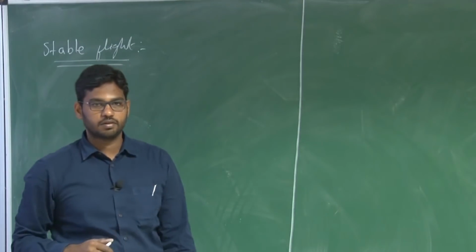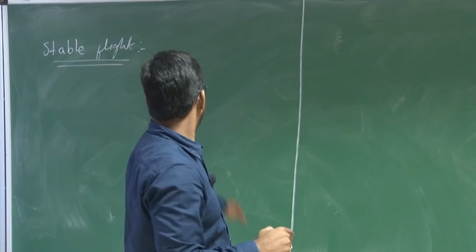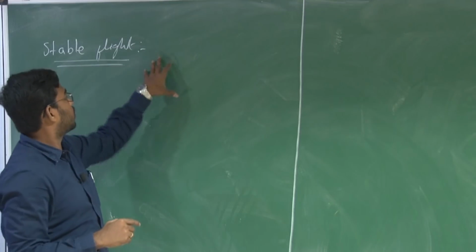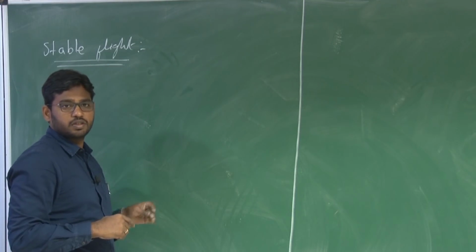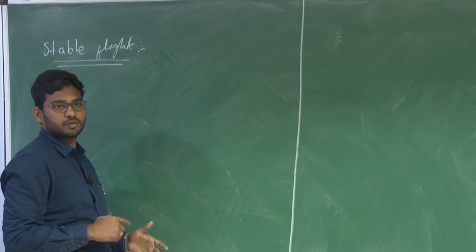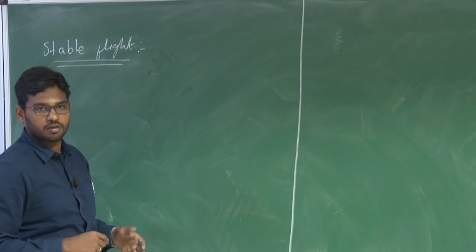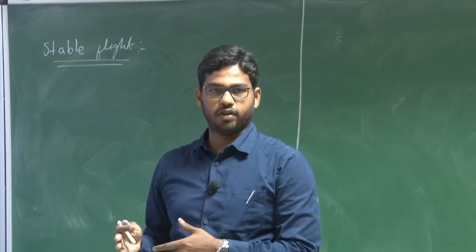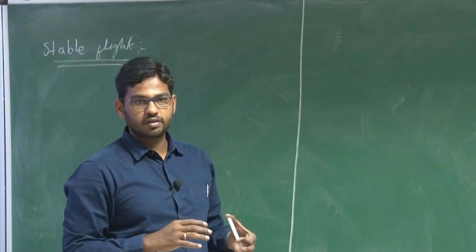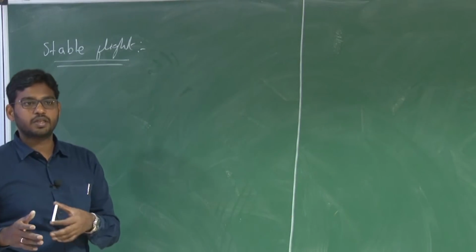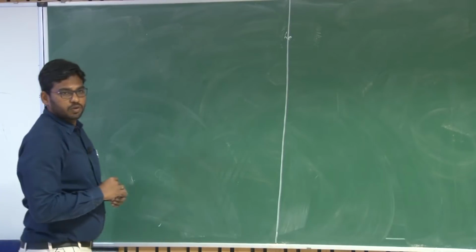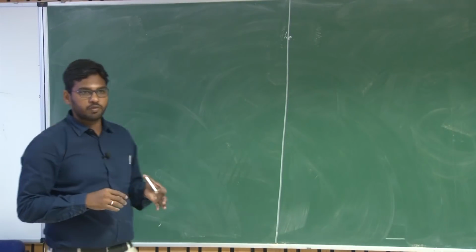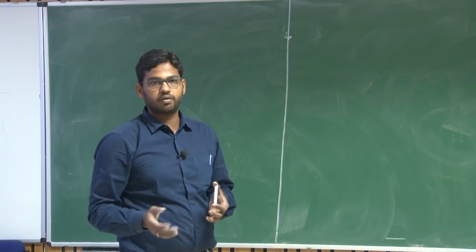What is stability? Stability is a property of a system, or the nature of the system, to come back towards some reference that you consider when it encounters a small disturbance about that reference. This reference in our case, or in general, is an equilibrium. So when we say a stable flight, first we need to understand what is stability of a system.